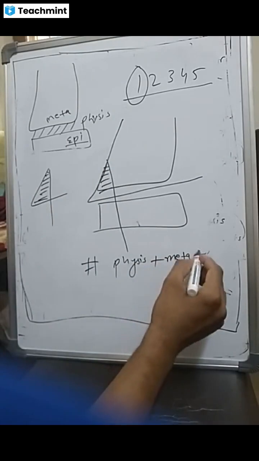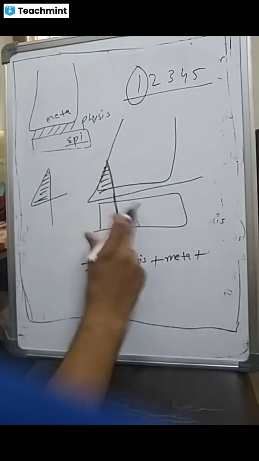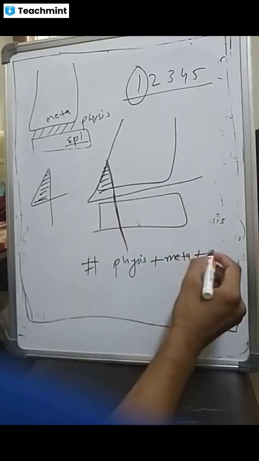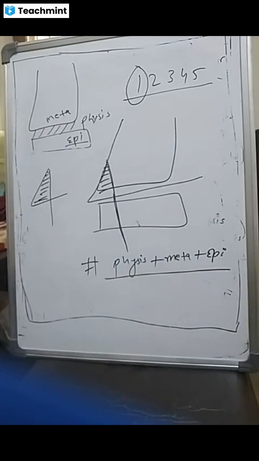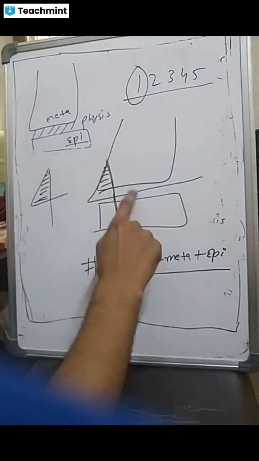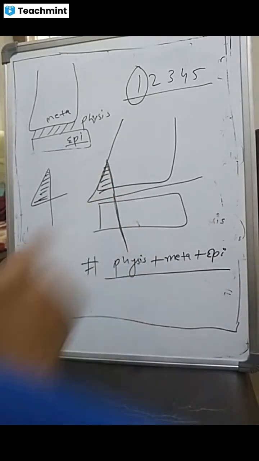The metaphysis is also involved, plus the straight line is splitting your epiphysis. So type 4 Salter-Harris is through the metaphysis, physis and through the epiphysis.